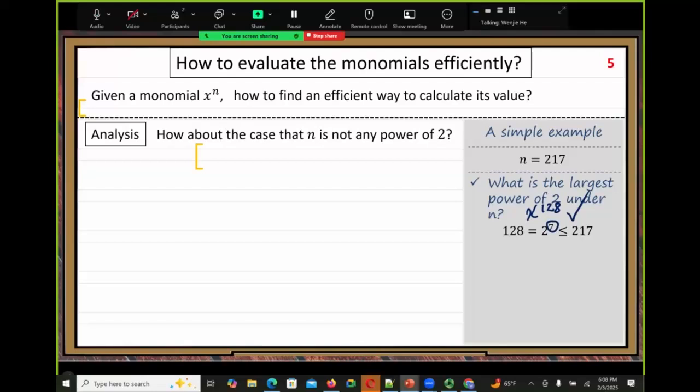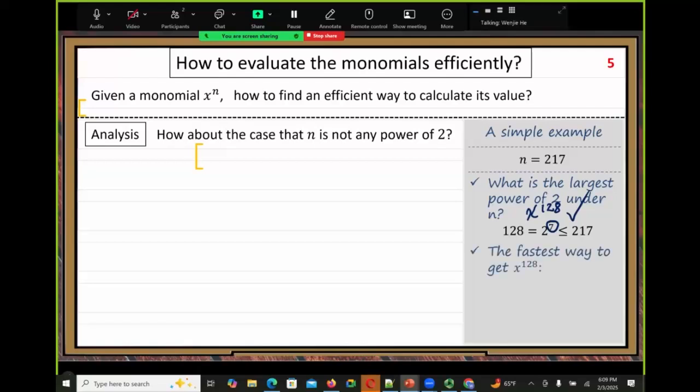But think about it: after 7 multiplications, what do you have in your pocket? You don't want to throw away your valuable resource. You need to keep them. That's your pool of resource, and you need to do some bookkeeping on it.